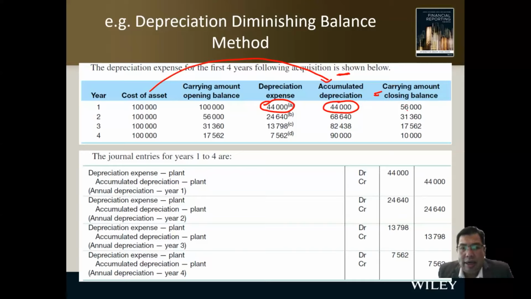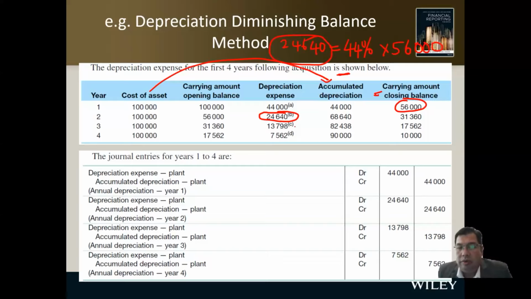So in the second year, your depreciation, the 44%, is calculated based on the carrying amount of the previous year. This 24,640 is equal to 44% multiplied by 56,000. That is how you get this figure, 24,640.